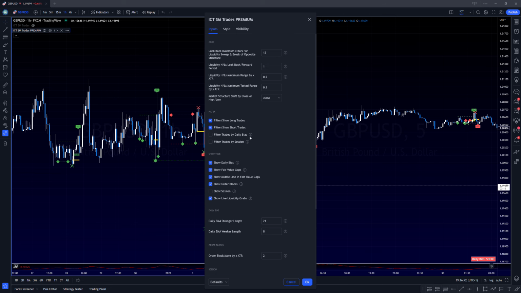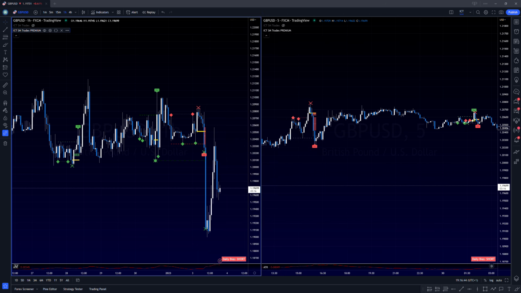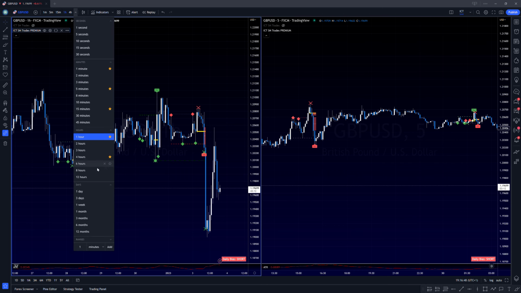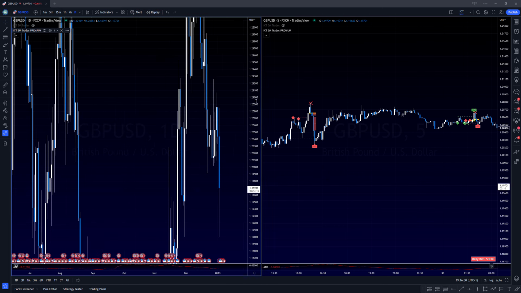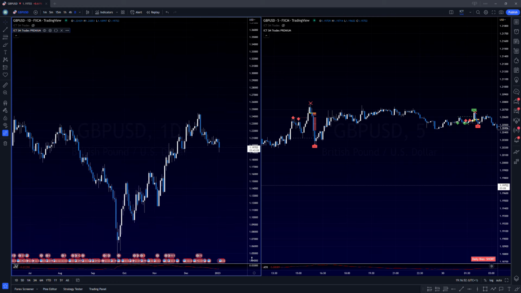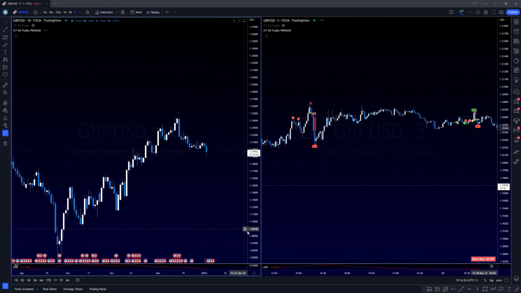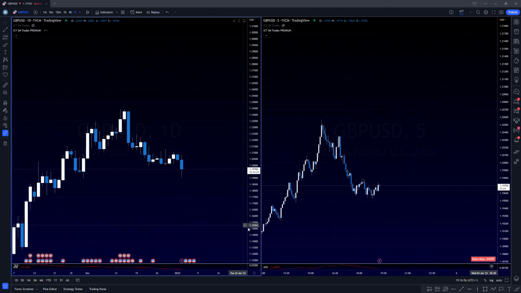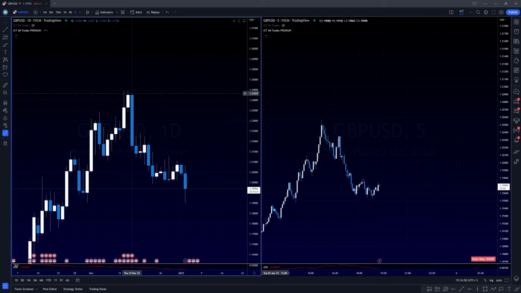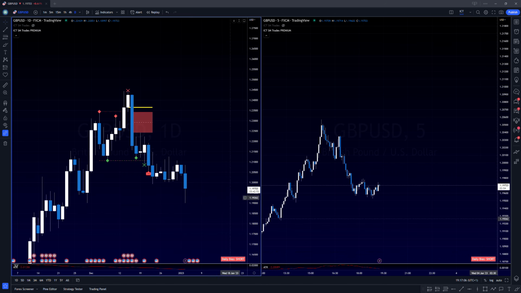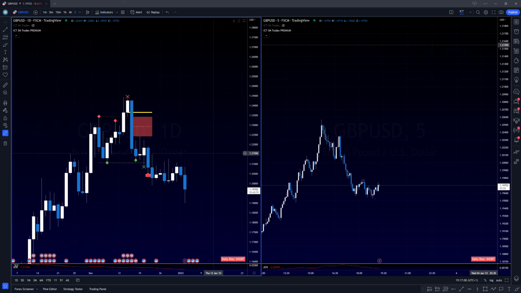And next thing is daily bias. What is daily bias? When you look at the daily time frame, here you can see that price in recent time is going down, so daily bias is short, or in a downtrend.